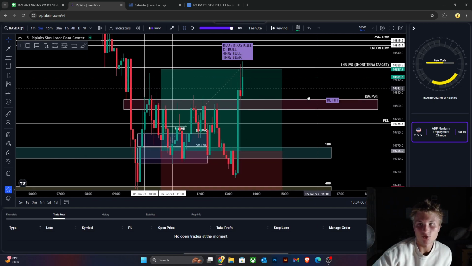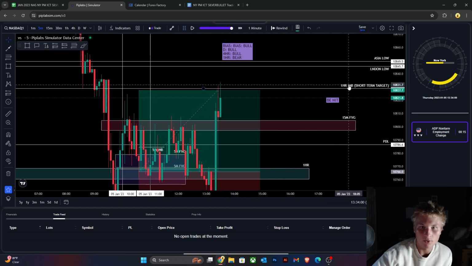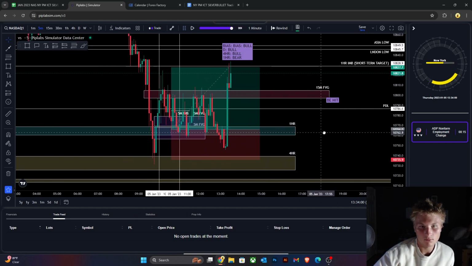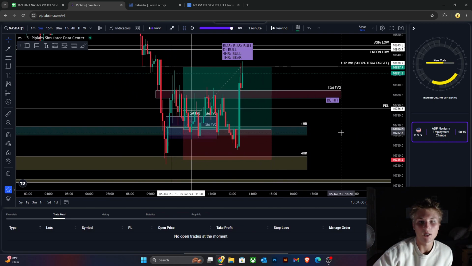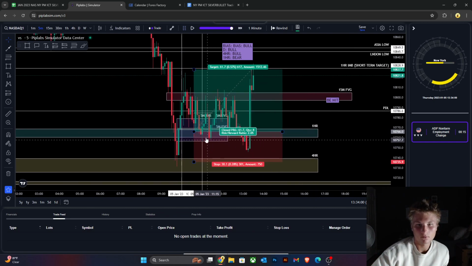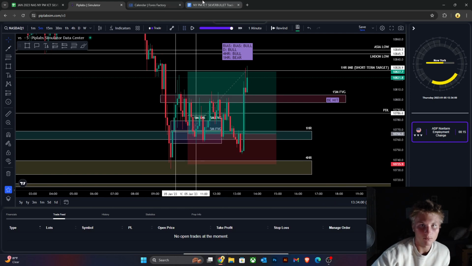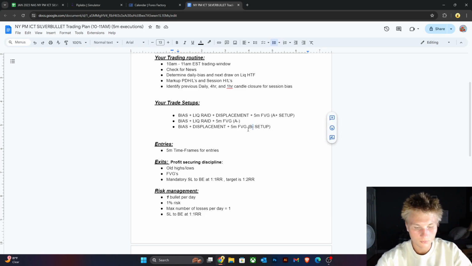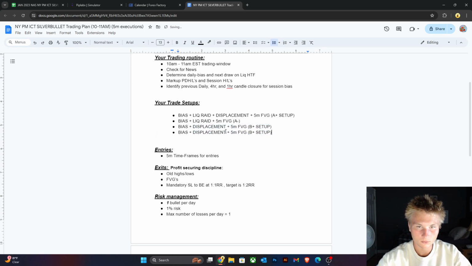And we had a drawn liquidity here, this 1 hour imbalance. So I would say this would be like a B- setup probably. But yeah, I'm gonna note this down because we're gonna add this into the setups. So we're gonna call it like C-.